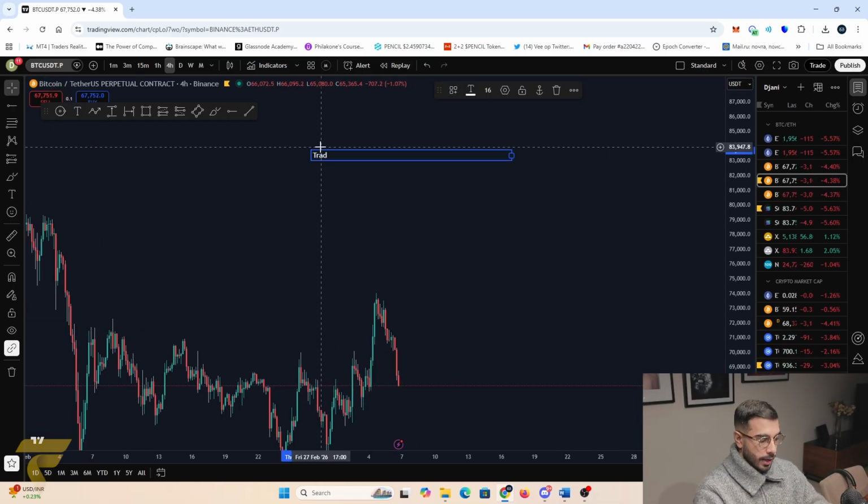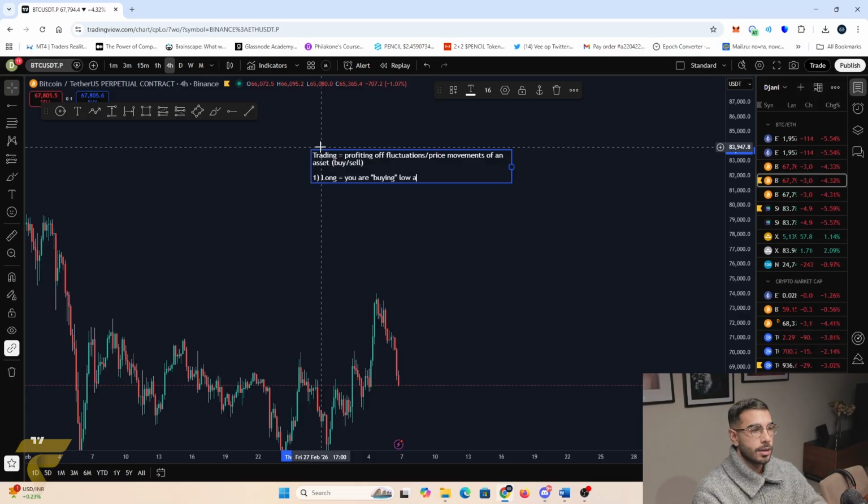So trading, again, in its essence, we are profiting off fluctuations, as in price movements of an asset. That's about it. So we can either buy or sell, of course. However, when it comes to trading, we've got two different directions which we can take. We can either go long, okay, we can take a long setup, a long position, where you are buying low with the intention to sell higher.